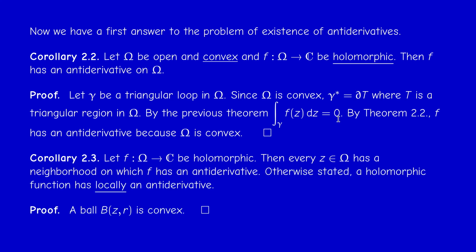So we can restate the corollary by saying a holomorphic function has locally an antiderivative, but not necessarily globally. Why is this so? Because if you take a point z, take any ball of center z contained in omega, then this ball is convex. By corollary 2.2, f has an antiderivative on this ball, on this disk. And that's it.